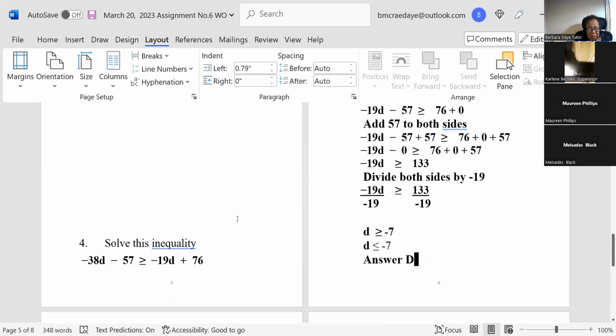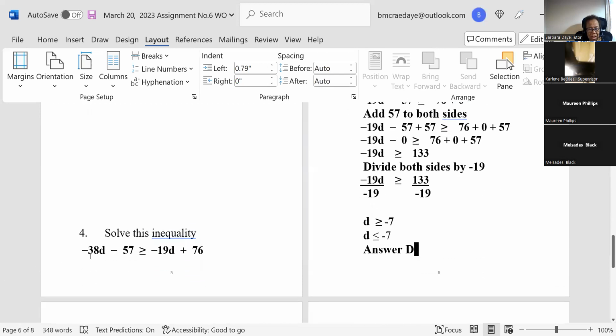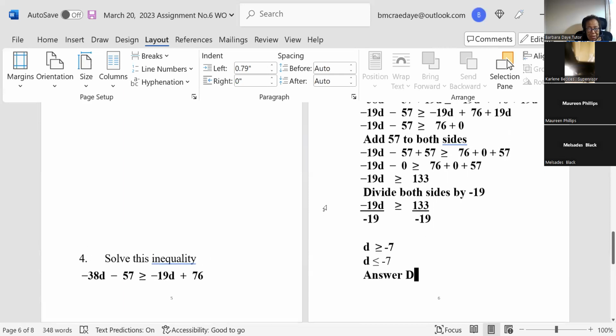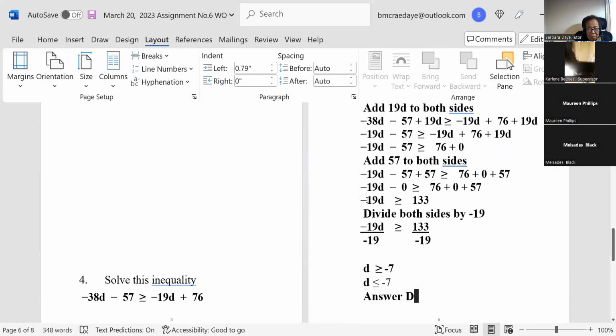Minus 38D plus 19D gives you minus 19D. And then add your 57 to your 76, so you get your 133. Now you've got what we had here: minus 19D greater than or equal to 133. Since you divide by a negative, you reverse the inequality.